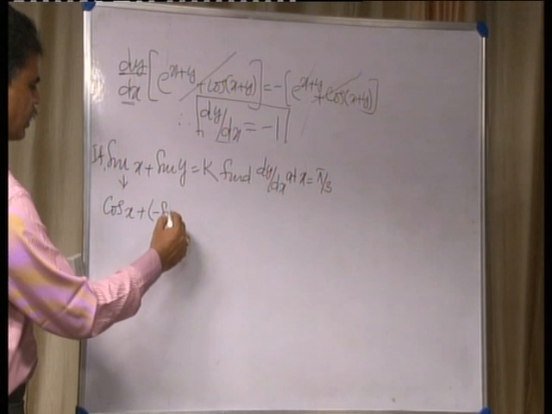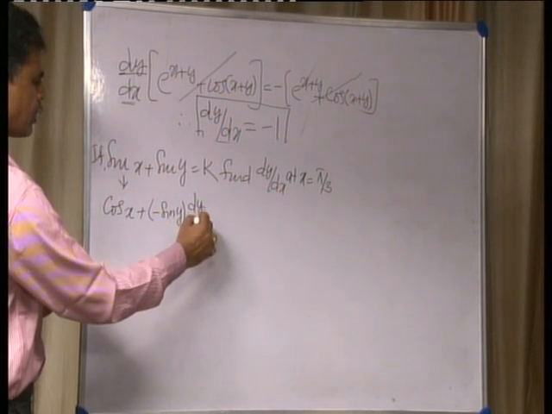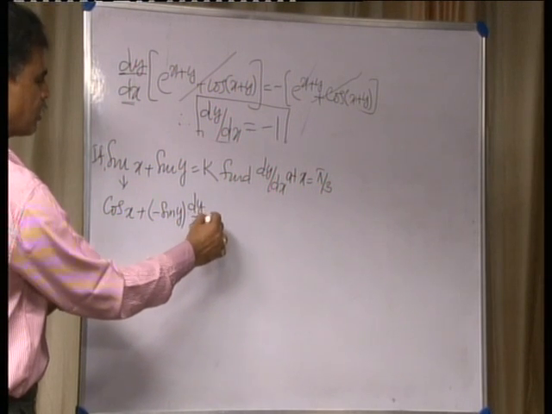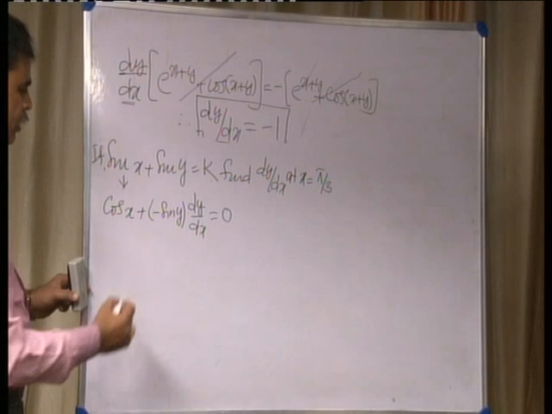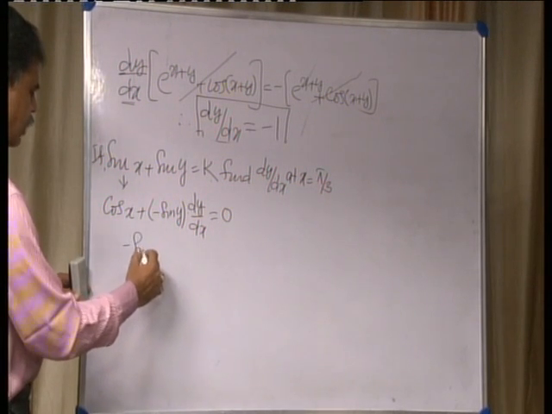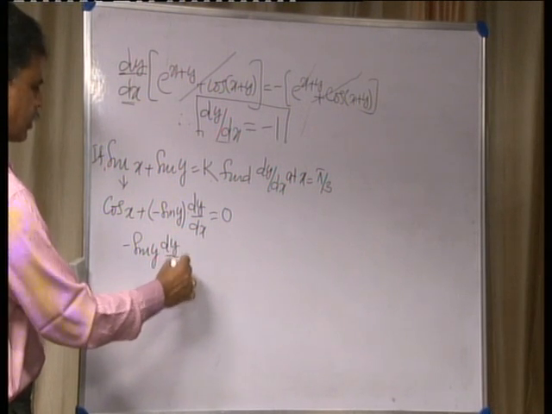Minus sin y. It is y term, therefore, we have to write dy by dx. Differentiation of any constant is 0. Minus sin y into dy by dx is retained in the same side.